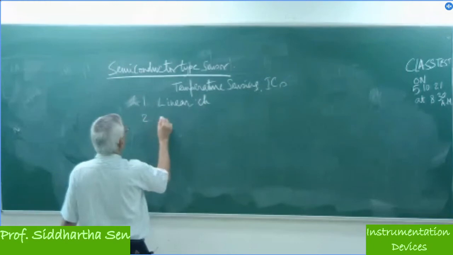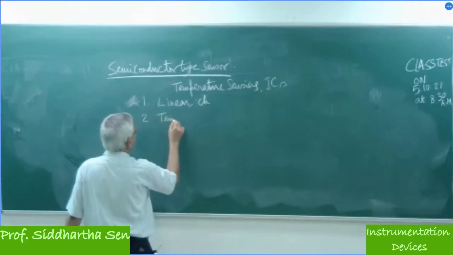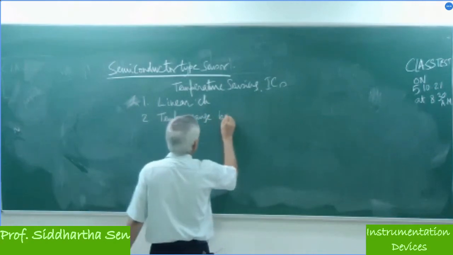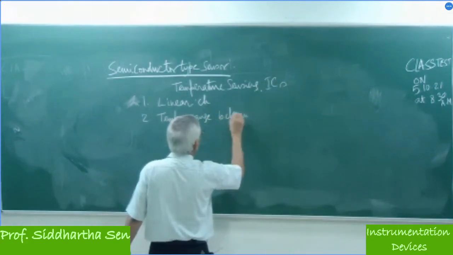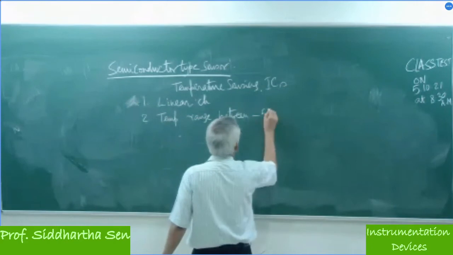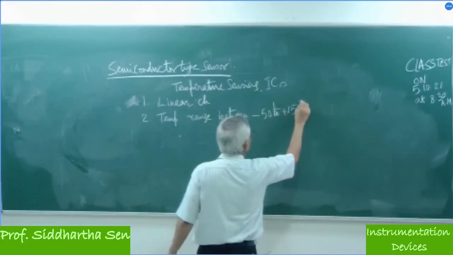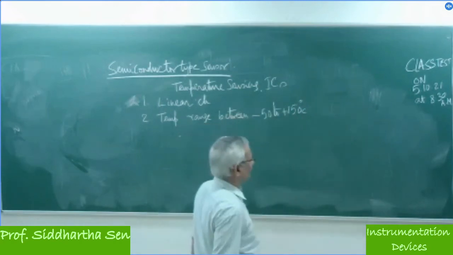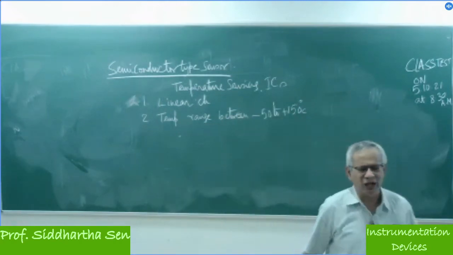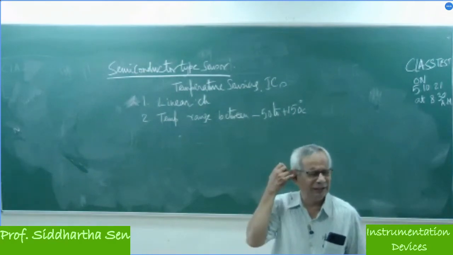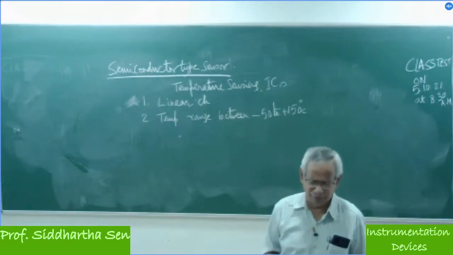And second thing is that the temperature range is between minus 50 to plus 150 degrees Celsius. This is the only limitation. It cannot go for a very high temperature because beyond that temperature, the junction breakdown may occur.